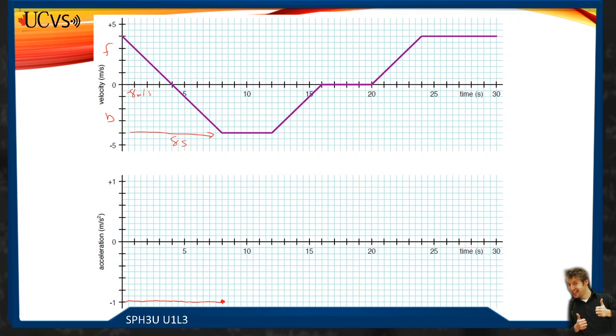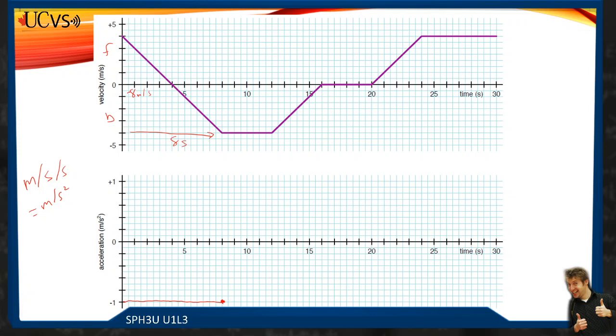That's telling me every second the object is losing 1 meter per second. So it starts out at 4, then after 1 second it's 3, then after another second it's 2, 1, 0, negative 1, negative 2, negative 3, negative 4. So it's losing a meter per second per second.